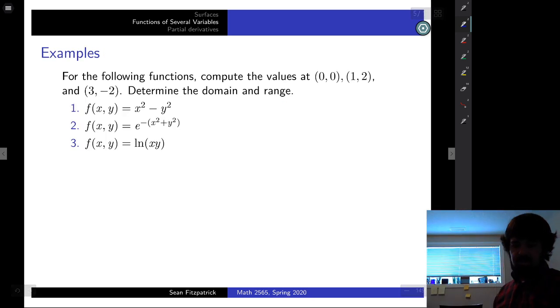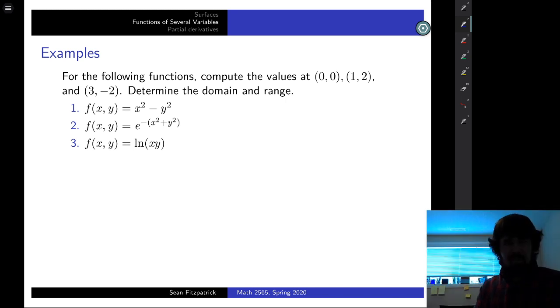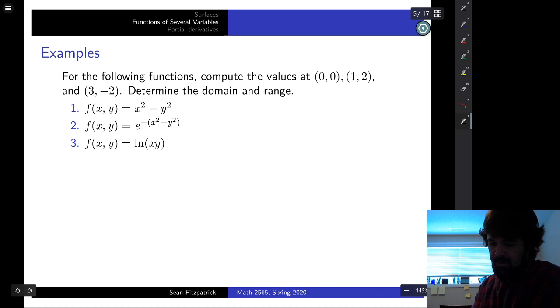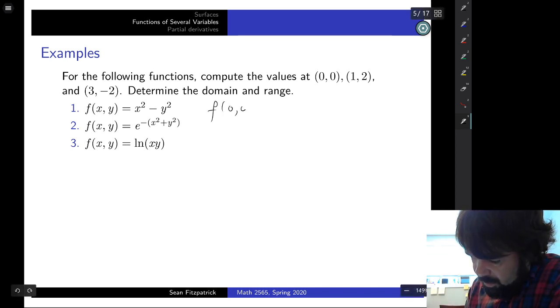Here are some more examples. So we just want to compute values of functions at points. We can also talk about domain and range, right? I think I gave you some web work problems like this. So for the first one, if I wanted to do f of 0, 0, well, that's going to be 0 squared minus 0 squared. I just get 0, right?